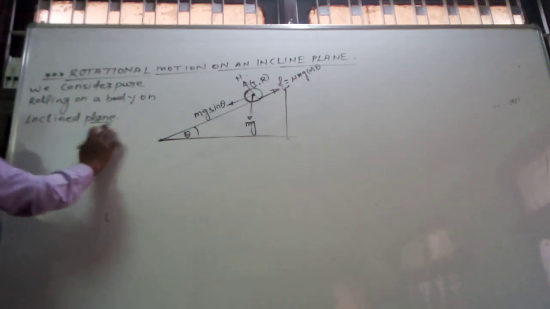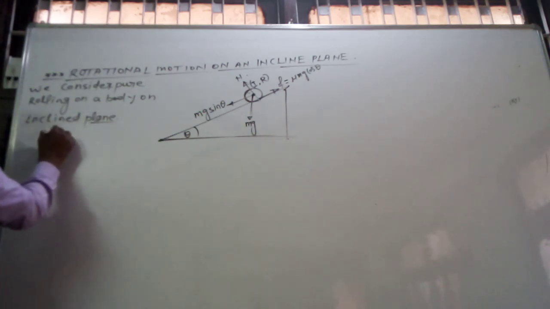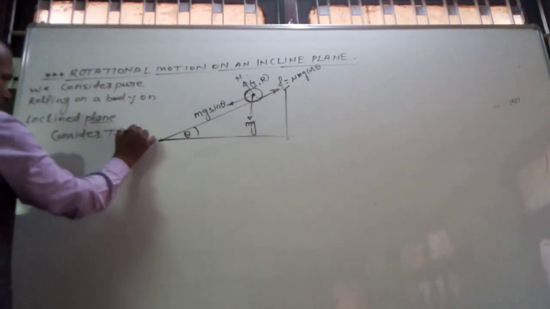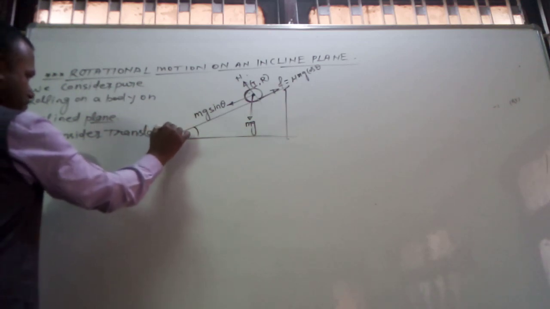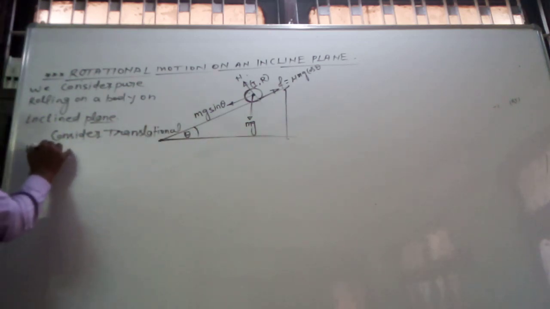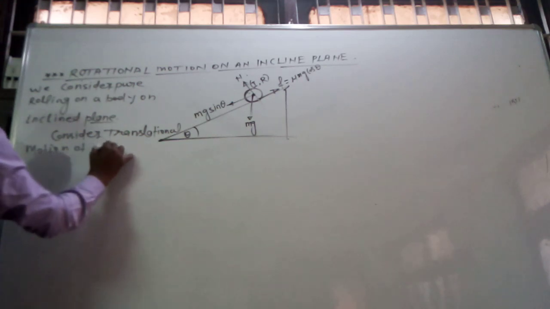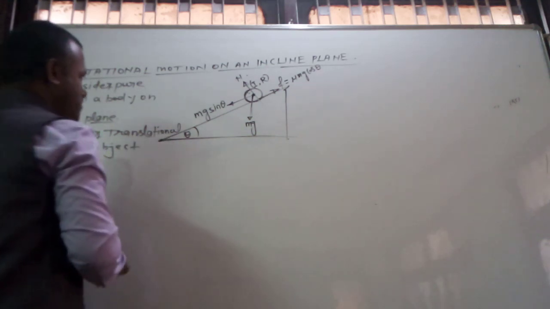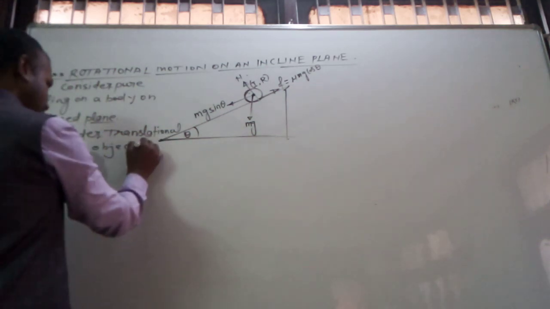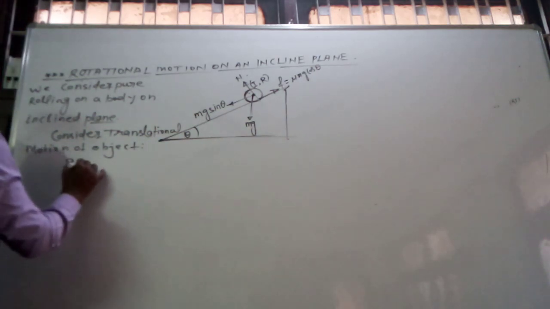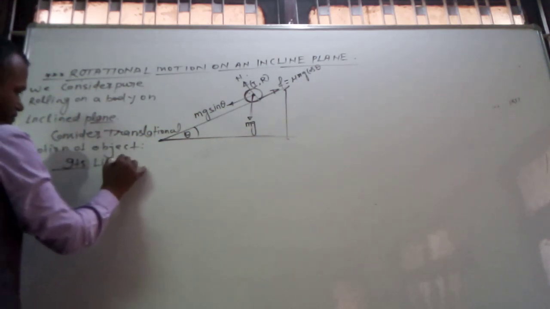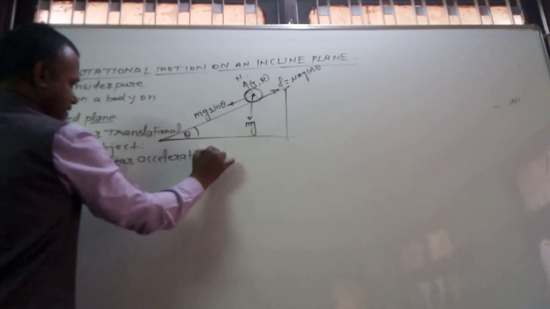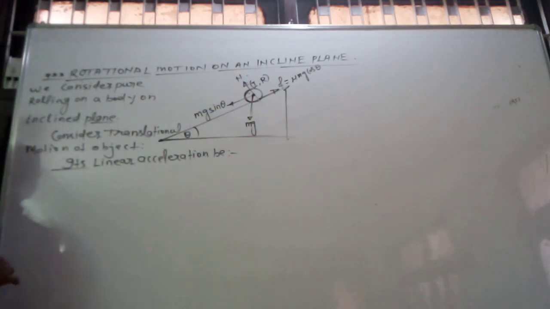So consider the translational motion of the object. Its linear acceleration, what will its linear acceleration be?